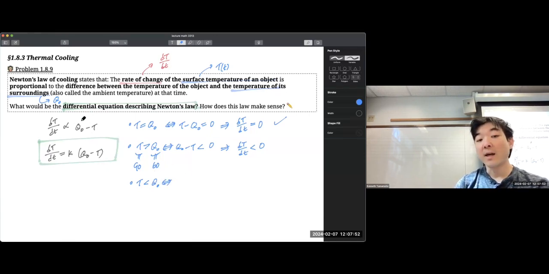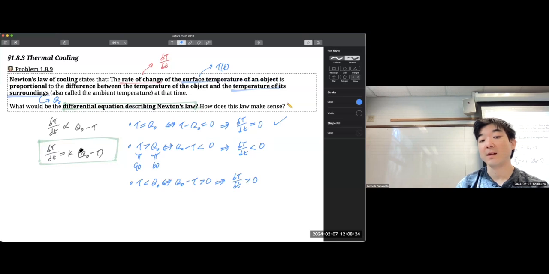Then that means that the right-hand side, which is Q naught minus T, would be greater than zero, because the T is less than Q naught. So the Q naught would be bigger than the T. And that means that since you're saying that your dT over dt is proportional to this, the change in temperature of your iced coffee should be going up, because the right-hand side is positive.